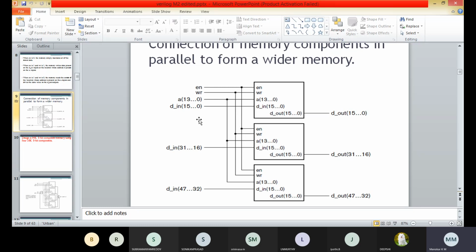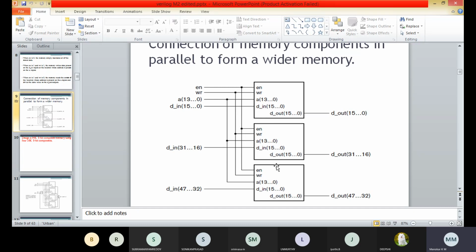Connecting multiple memory components together to construct a memory with more locations is somewhat more involved. Here we need to partition the total number of locations among the memory components.